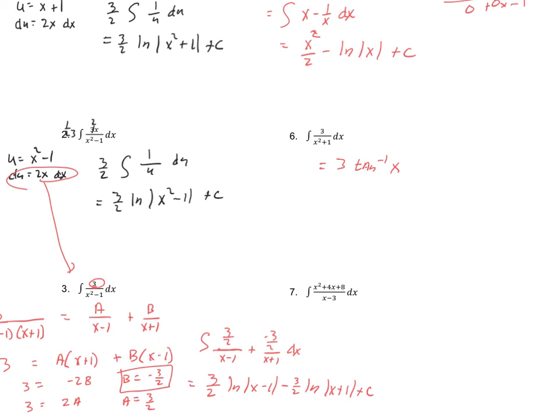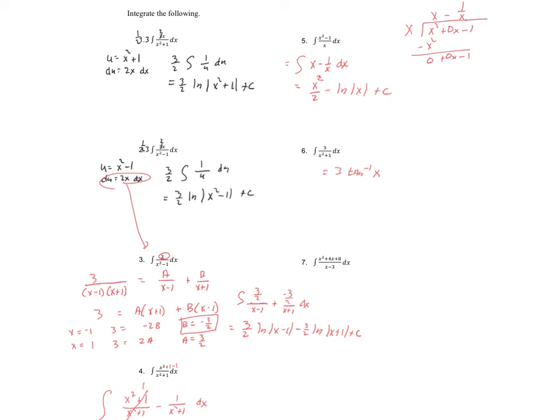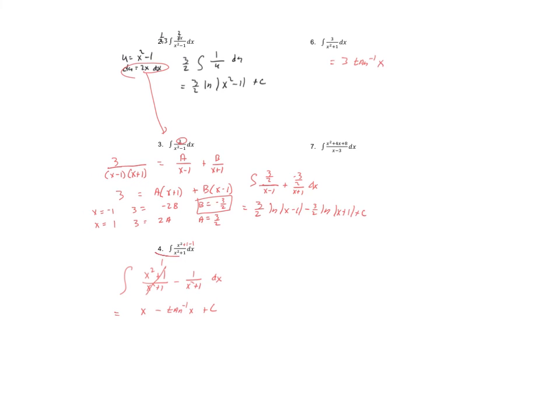So again, step 1 is always the memorization. Step 2 is the U substitution. Step 3 would be identifying your degree. Maybe it's going to be a long division degree on the top. Maybe it's going to be a tie, like number 4. And officially it is a long division question, but maybe you can do a shortcut.